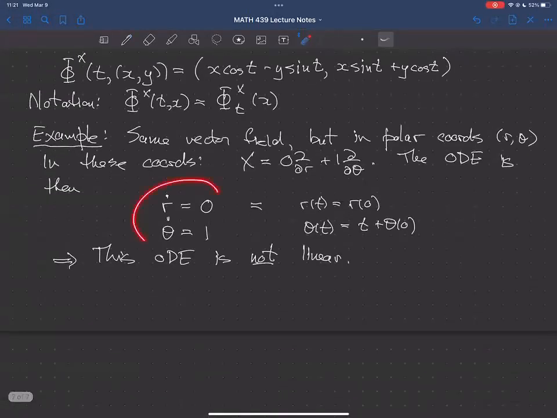And here, by a change of coordinates, I've converted it into a differential equation which is not linear. And so this shows you that linear differential equations are extremely special, not just because they're linear, but because their linearity actually depends on the coordinates that you choose. If you change coordinates, you can take a linear differential equation and turn it into a nonlinear differential equation. Okay, that's it for today.